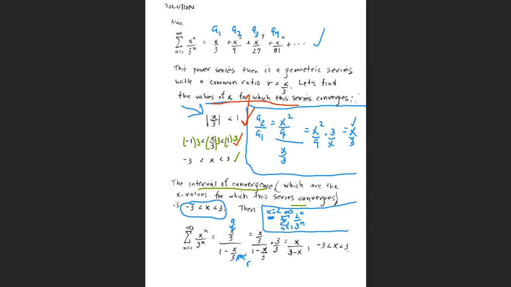So a divided by 1 minus r would be x over 3 divided by 1 minus x over 3, and that can be simplified to x divided by 3 minus x. That's the sum. So now you have a summation formula for your power series.